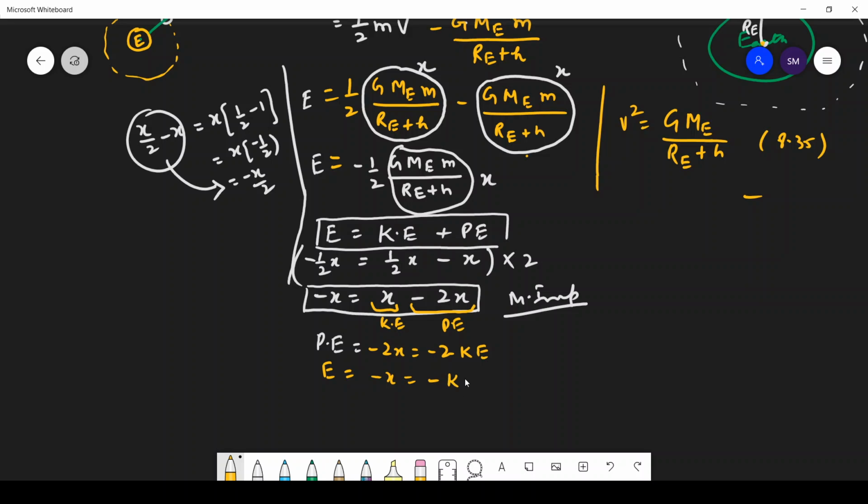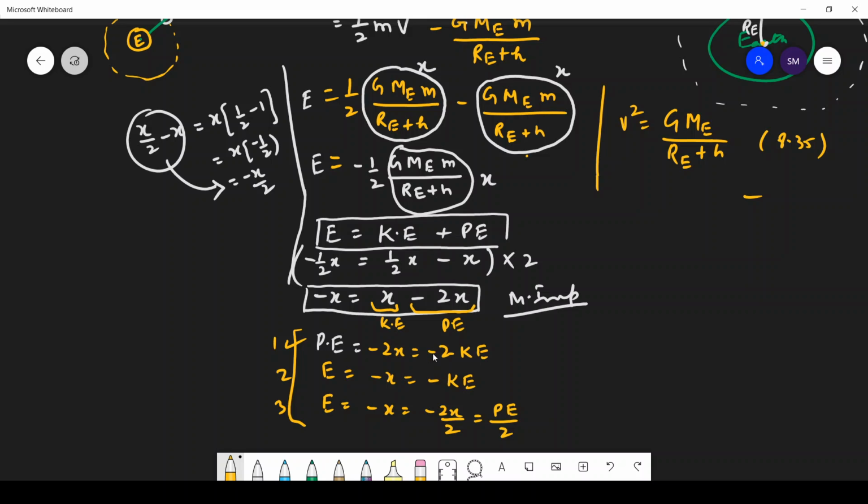So that is the negative of kinetic energy. So total energy is the negative of kinetic energy. Okay, and energy in the form of potential energy, if you would like to write, this is x, so I can write it as minus 2x upon 2, that is, potential energy, minus 2x divided by 2. So students, these are the three relations, 1, 2 and 3.